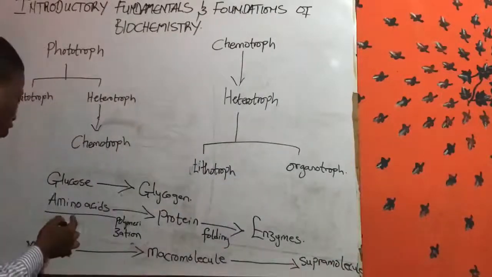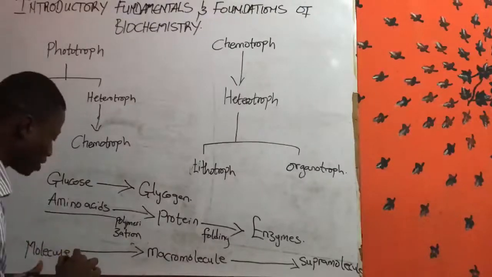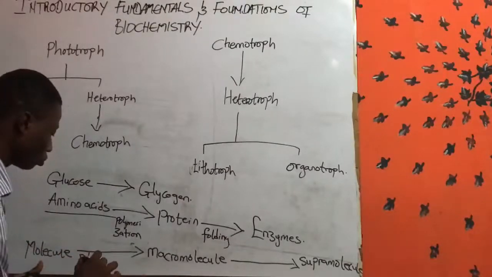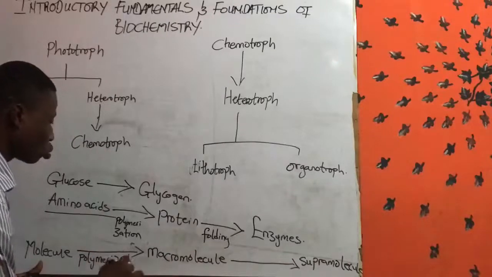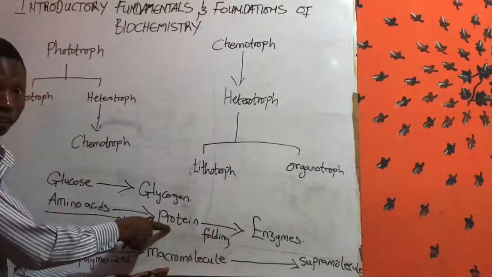Now, molecule, for instance, here refers to my amino acid. It gets polymerized to my macromolecule, which in this case is protein.